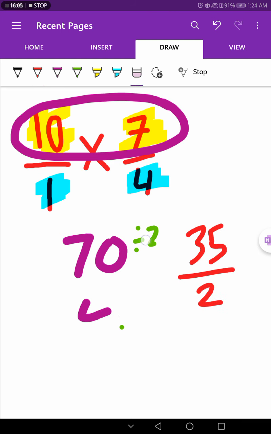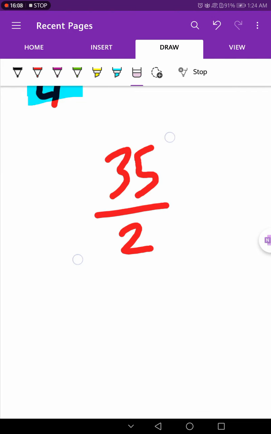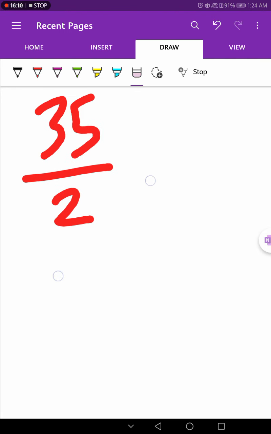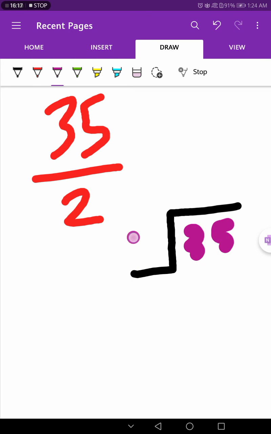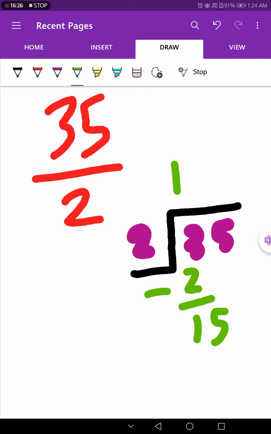Now, don't stop. It is an improper fraction, and you know how to convert the improper fraction into a mixed number. 35 divided by 2. There is 1 by 2 equals 2, minus, 1, and the 5 comes alone. How many 2s in 15? There are 7. 7 by 2 is 14, and 1 left.